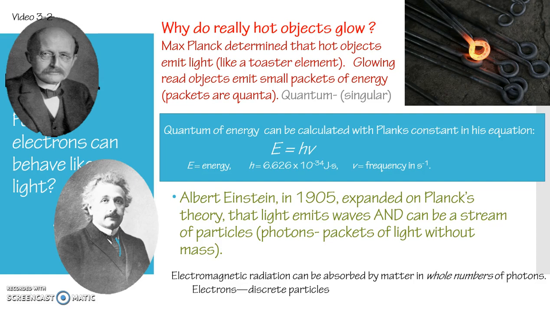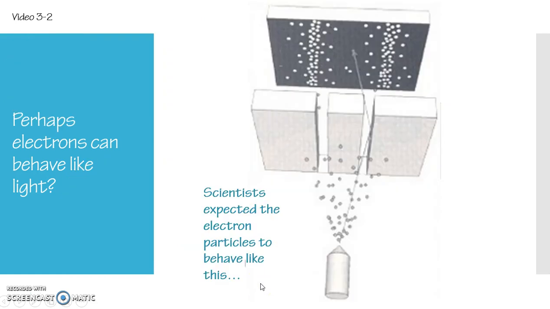They are catching little photons on a receiver, and it is making a current go through there. The photons are making a circuit complete. Anyway, electromagnetic radiation can be absorbed by matter in whole number photons. So that means that electrons are discrete particles. We've always thought of the electron, whenever we've talked about it in the past, as being particles.